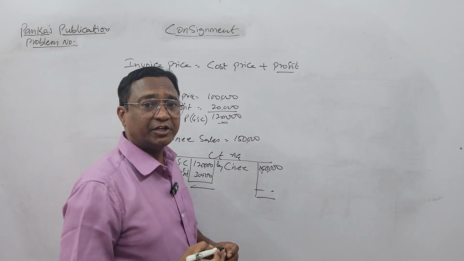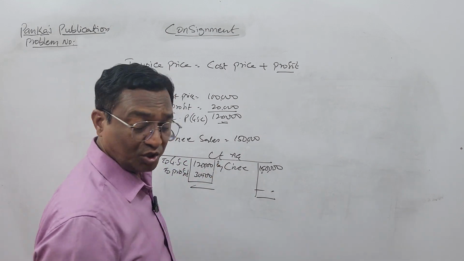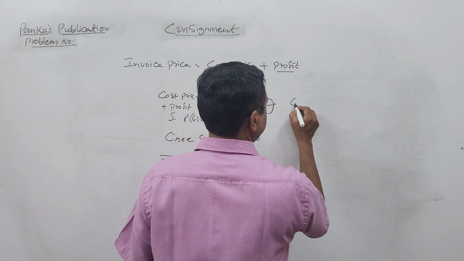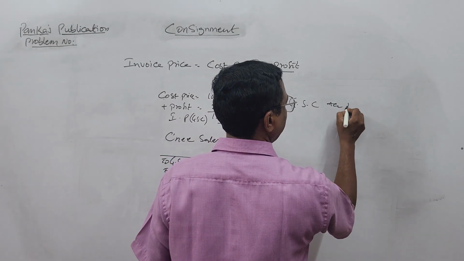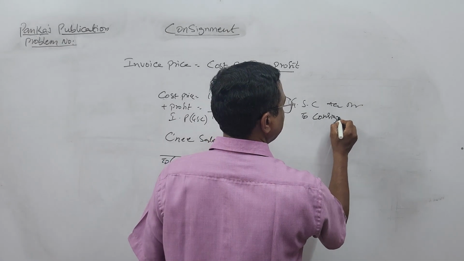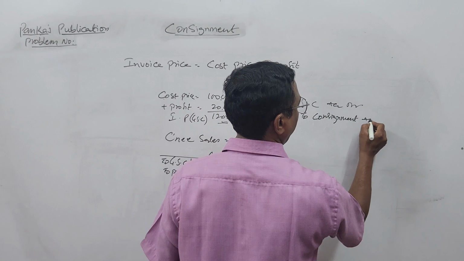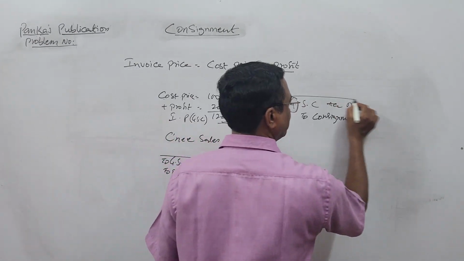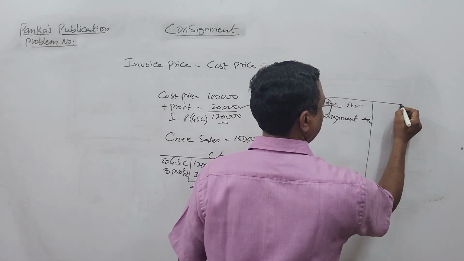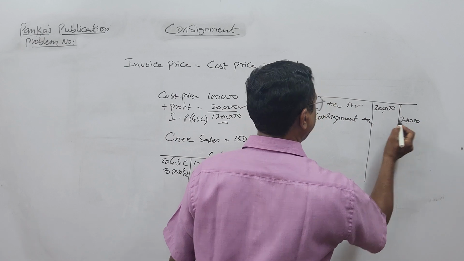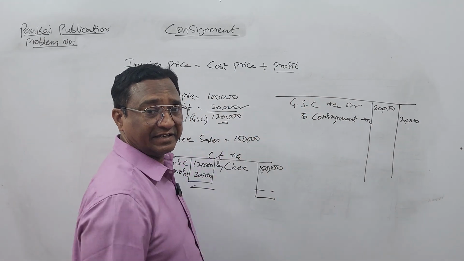To show the correct profit, you are going to pass a journal entry: GSC account debit to consignment account. This is cancellation of the profit which was added, 20,000. So this is the extra entry you are going to pass in the consignment entries. 20,000 is here, consignment is credited.